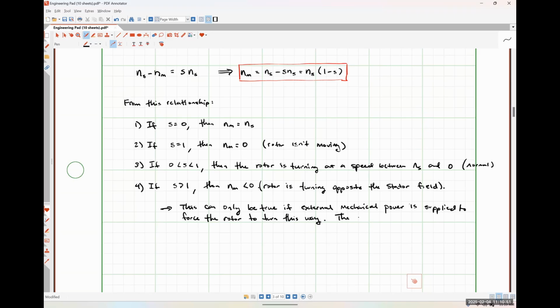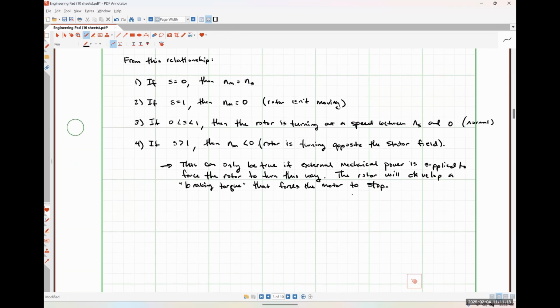And then I have a note here, the rotor will develop a braking torque that forces the motor to stop.